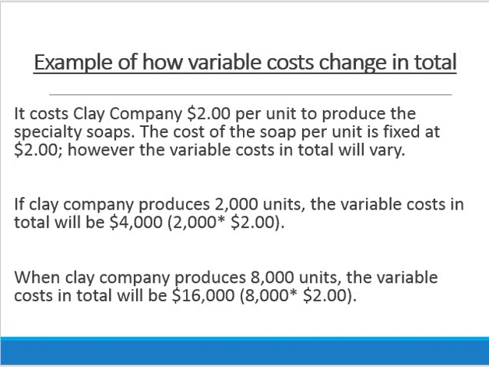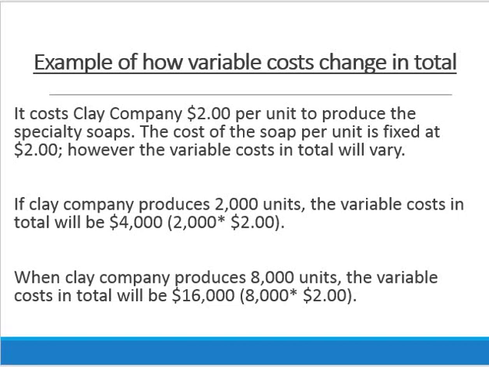So if Clay Company produces 2,000 units in a particular month, the variable costs in total will be $4,000. You're going to take the 2,000 units produced times the cost per unit, $2, and that gives you $4,000. When Clay Company produces 8,000 units, the variable costs in total will be $16,000.